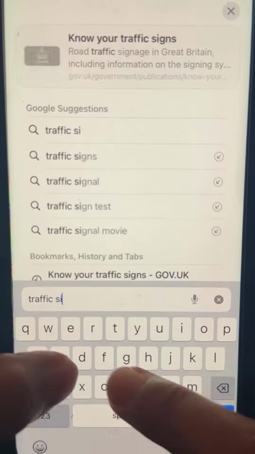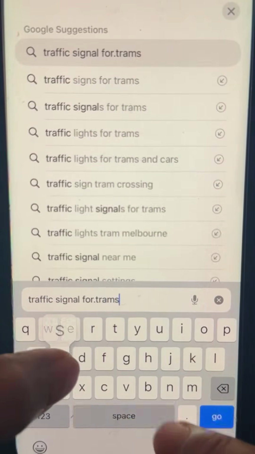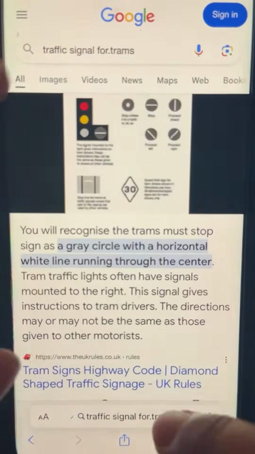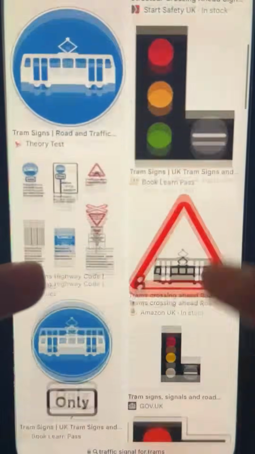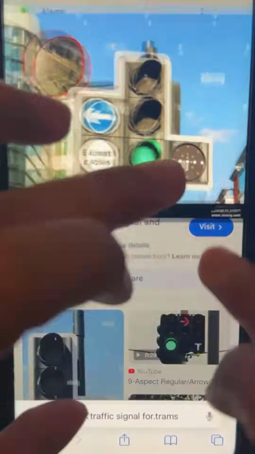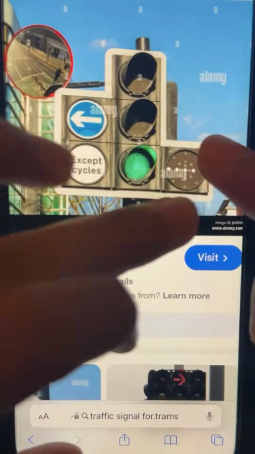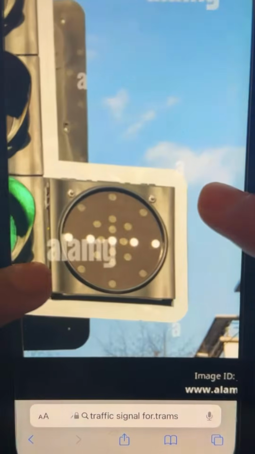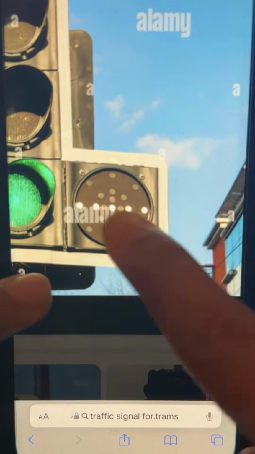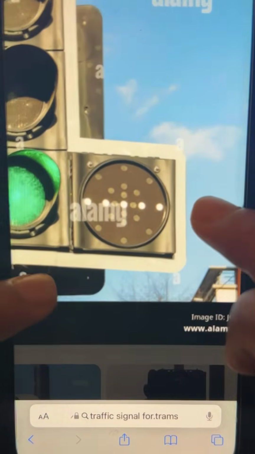Traffic signal for trams. So you need to know this. Like this one. Can you see? We have an extra light in there, as you can see. Can you see how this looks? One horizontal line like that means trams need to stop.